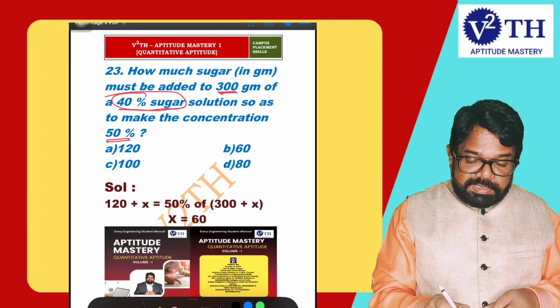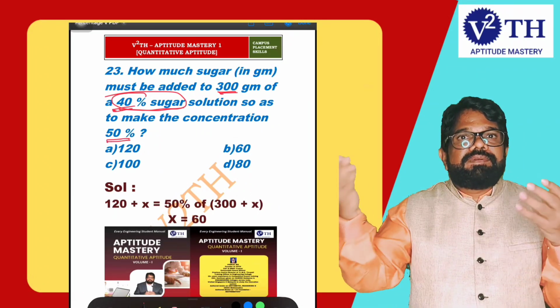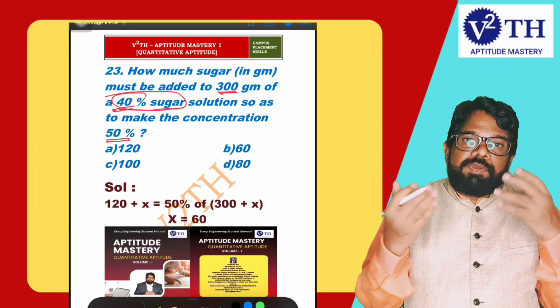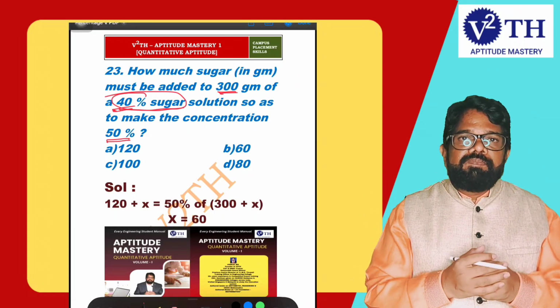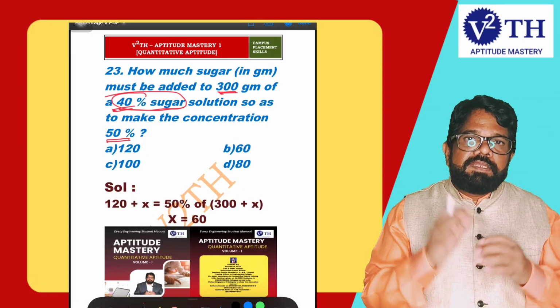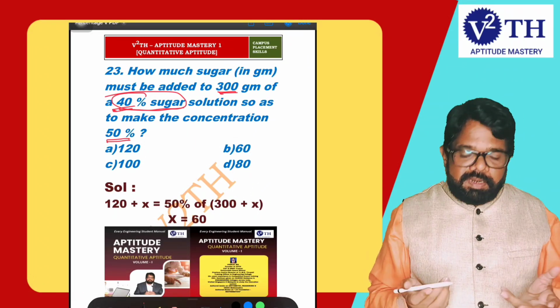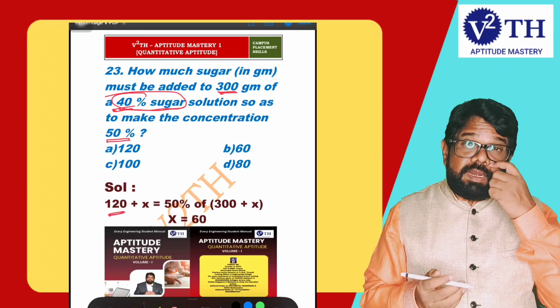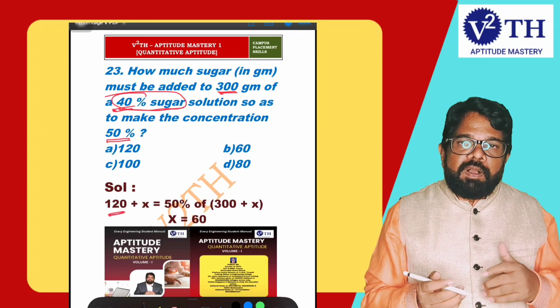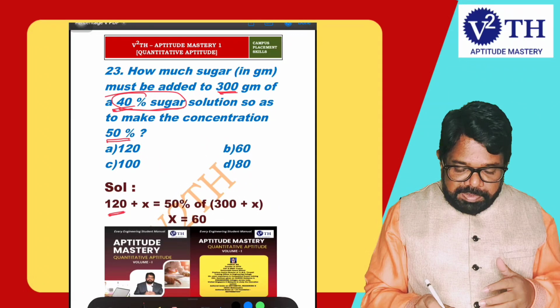Initially 40% sugar is there, and by adding more sugar its percentage increases. So to become 50% sugar, how many grams of sugar should be added? Very simple. Initially 40% of 300 grams, what is 40% of 300? 120. Let the sugar added be x grams.